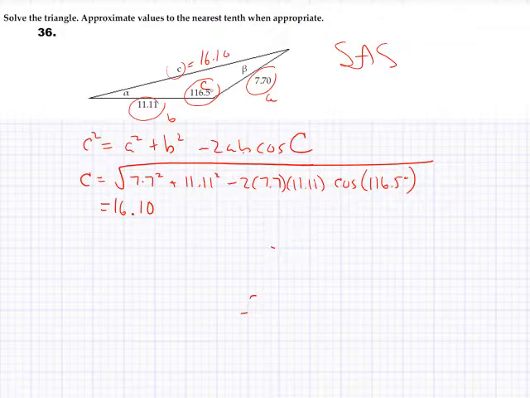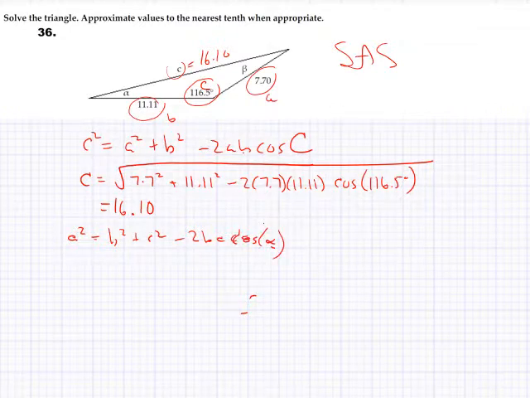So now I got to find alpha and beta. Well, that's where we're going to use first the A squared equals B squared plus C squared minus 2BC cosine of A. We'll call that alpha.